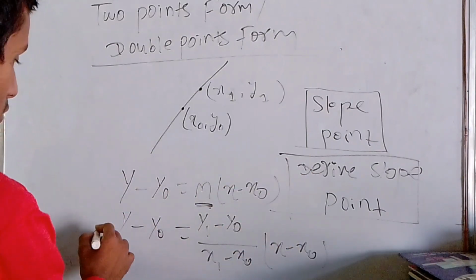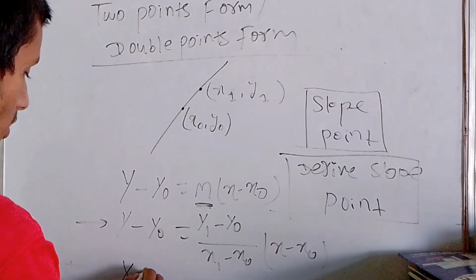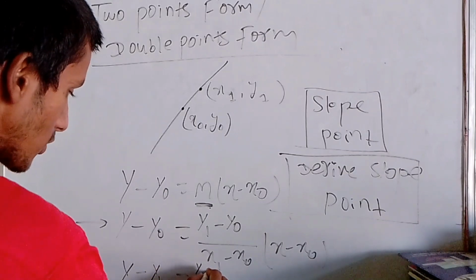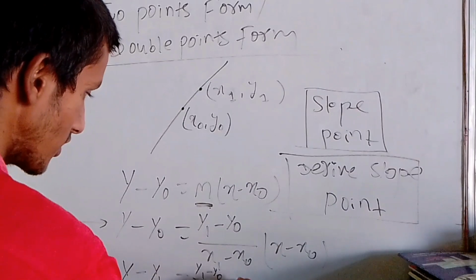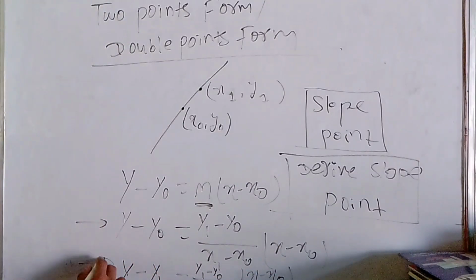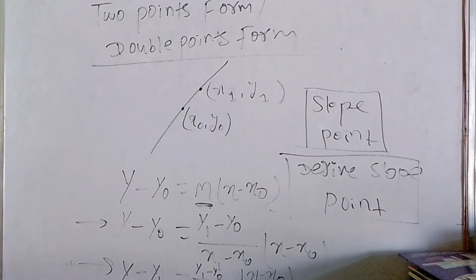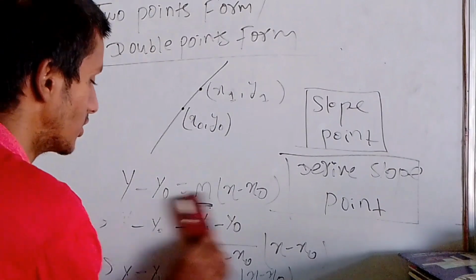Okay, we could also use another point, y minus y1 is equal to y1 minus y naught divided by x minus x1 times x minus x naught. Okay, so yeah, these two turn out to be the equation. You could use any of them because they are both the same actually, but the difference is that you have plugged in another point. Okay, so let me just write that down clearly above here.